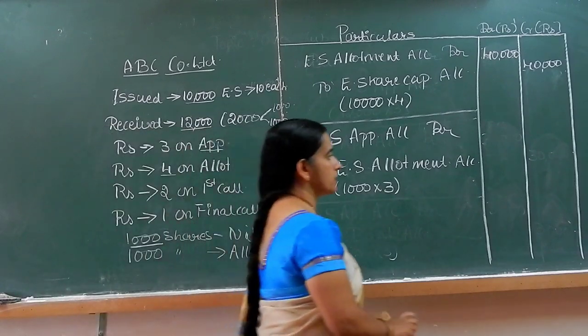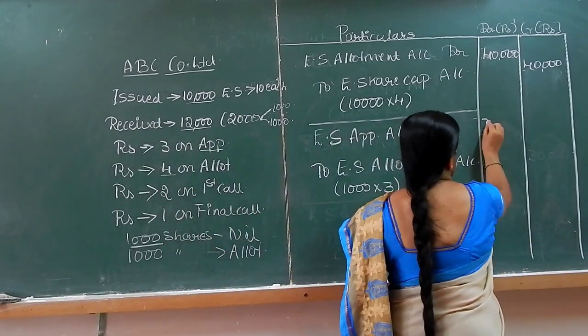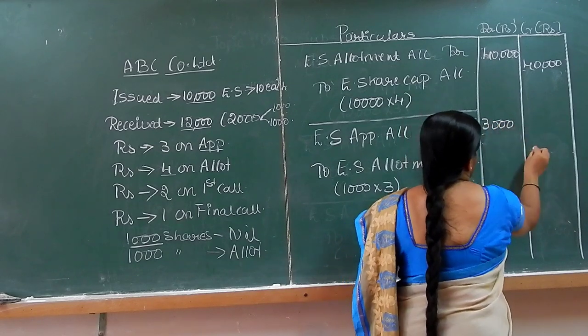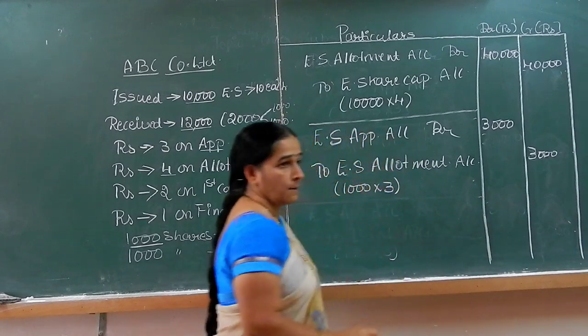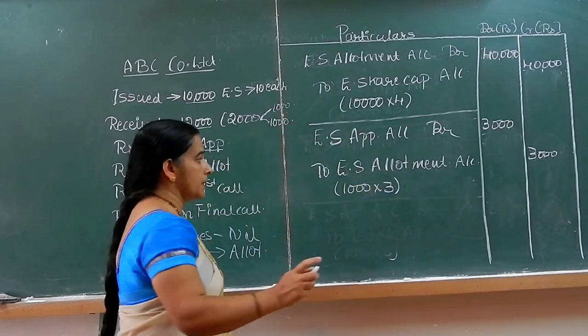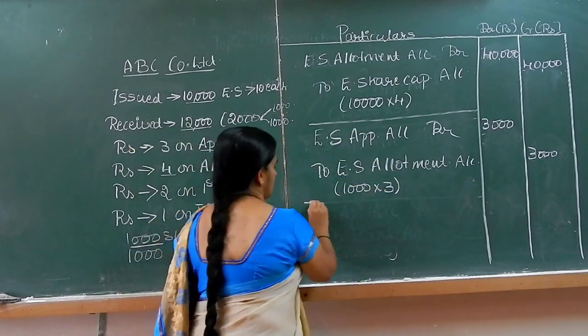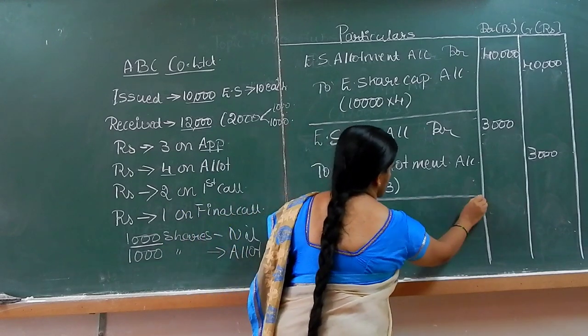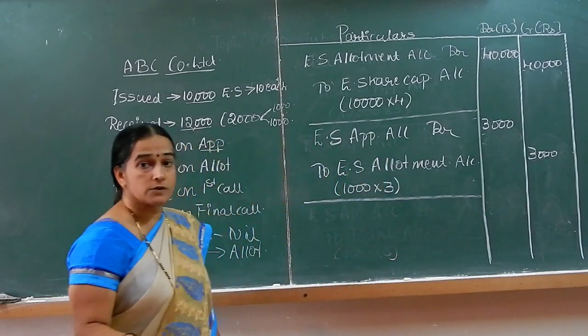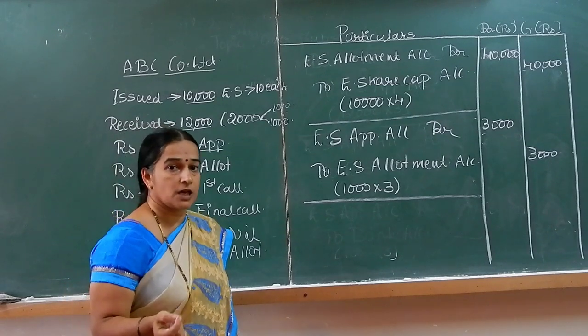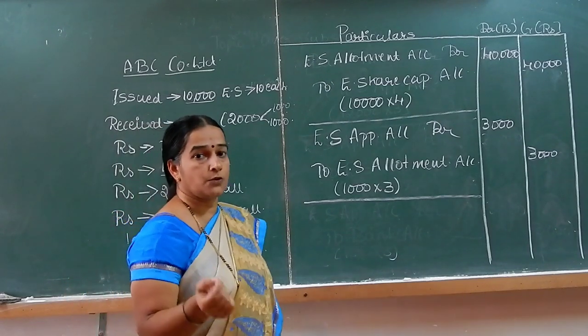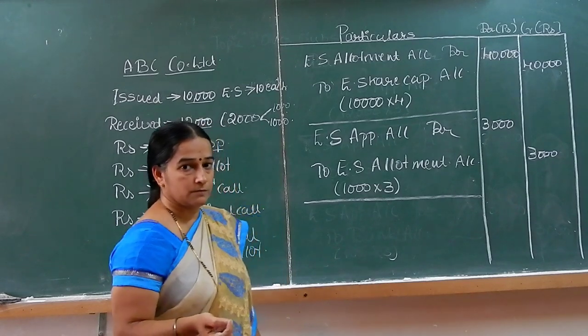So what is the amount adjusted towards allotment? That is 3000, being excess application money on 1000 equity shares are adjusted towards the allotment.